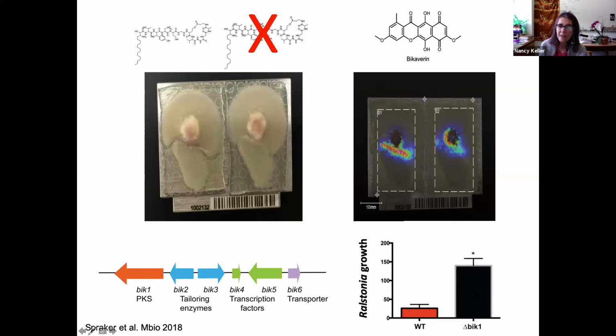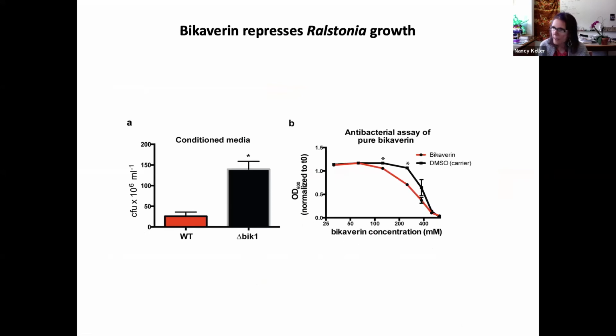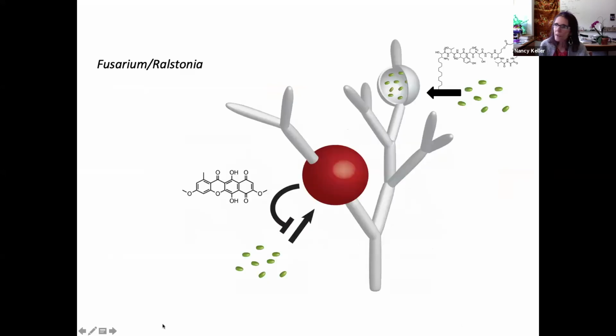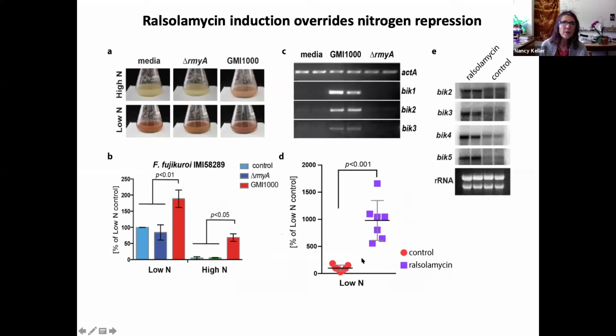And you can see that actually the bacterium grew better when there was no bicaverin. This one is a little complex here. We also showed that ralsolomycin induced, as I said, bicaverin production in Fusarium.